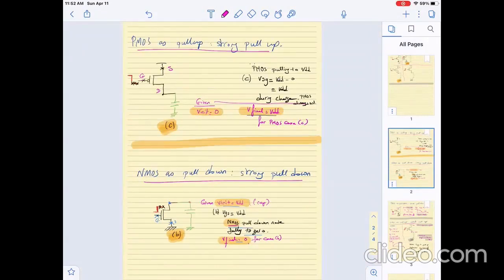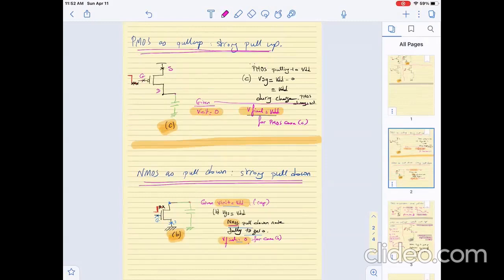We had a few scenarios where we saw the NMOS basically being used for pull-up, but now we are talking about individual devices. So this is related to the individual devices, assuming the capacitor is initially pre-charged to this value.